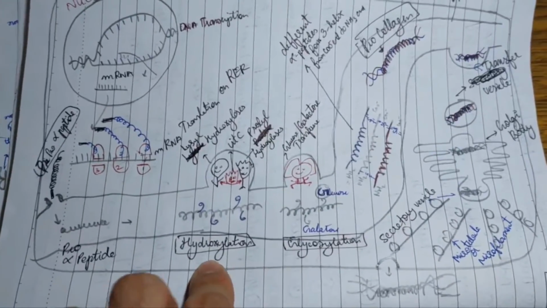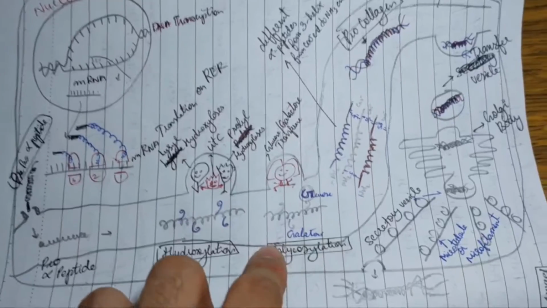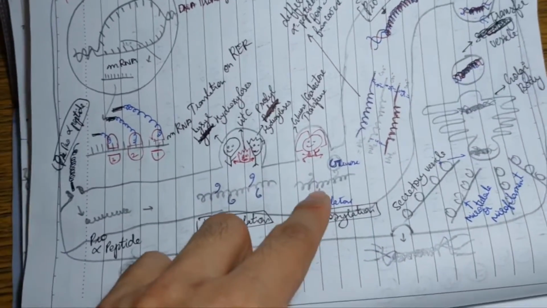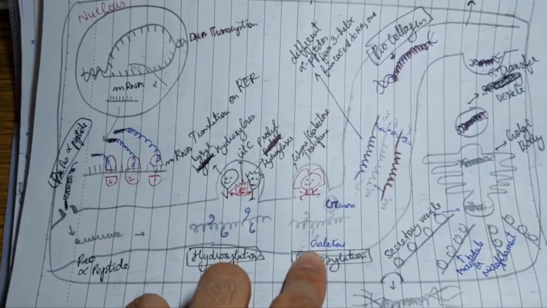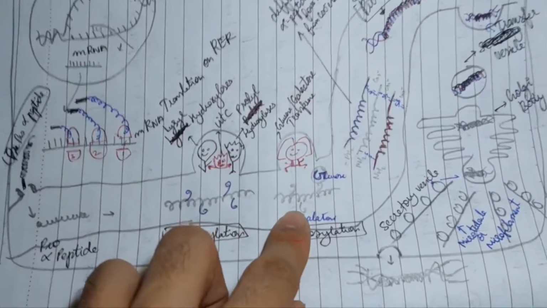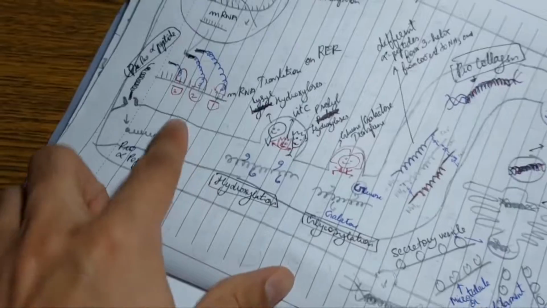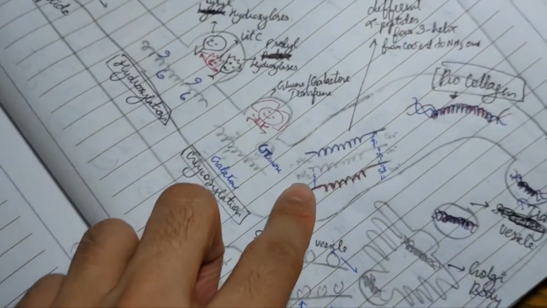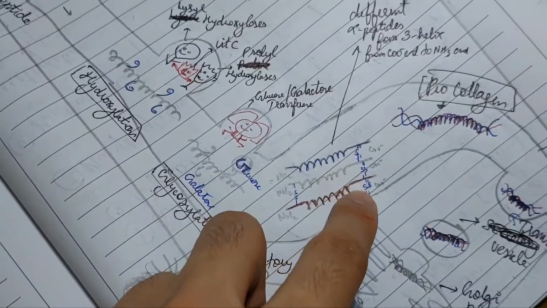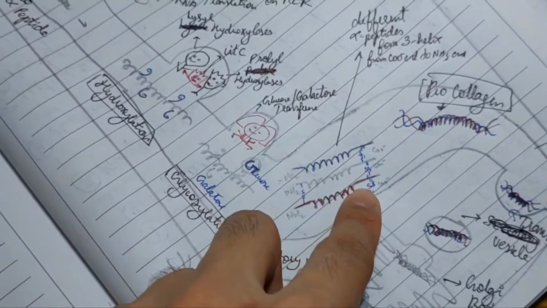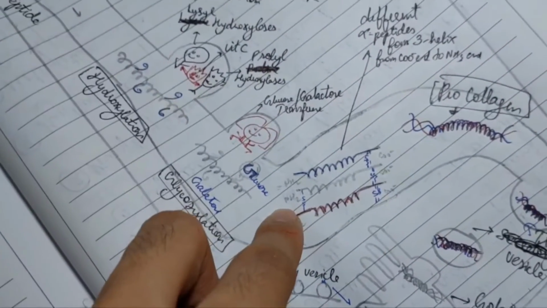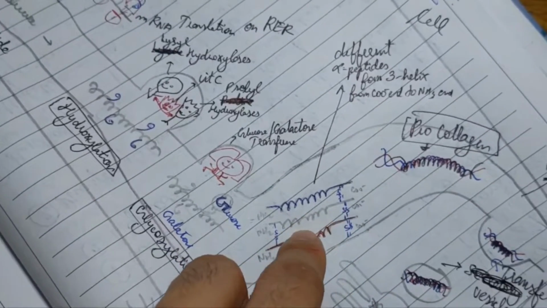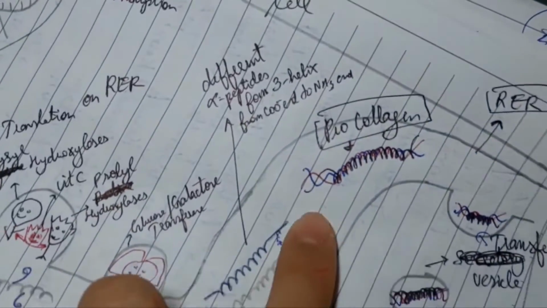After that, the pro-alpha peptide underwent glycosylation, where glucose and galactose monosaccharides were added on hydroxylysine. Then multiple chains came into the lumen of the rough endoplasmic reticulum, came close to each other and formed disulfide bonds, mostly at the carboxyl end and some at the amino end, and from there they started twisting into a triple helix, and pro-collagen was formed.